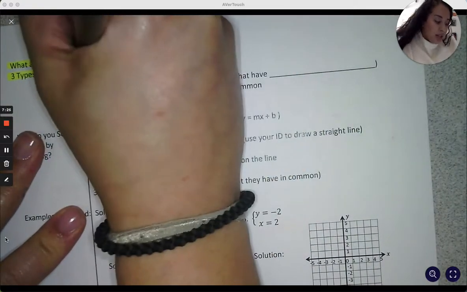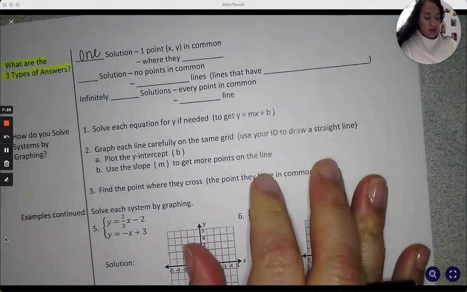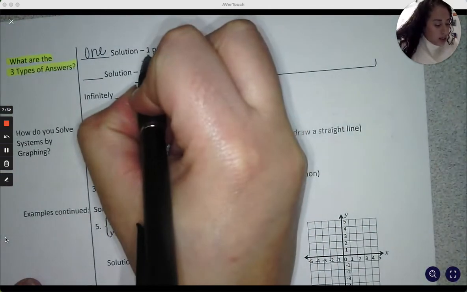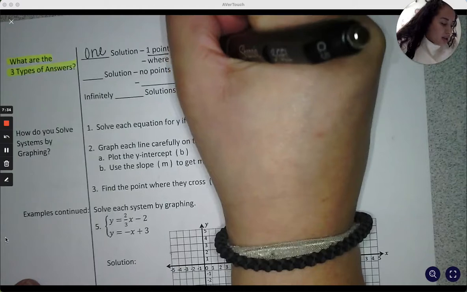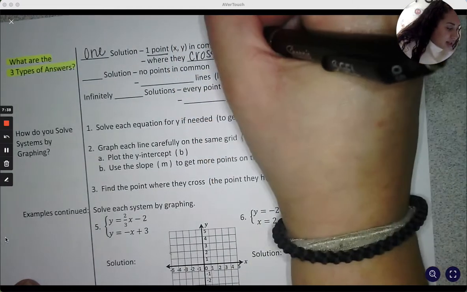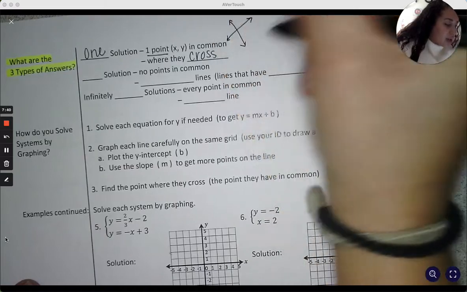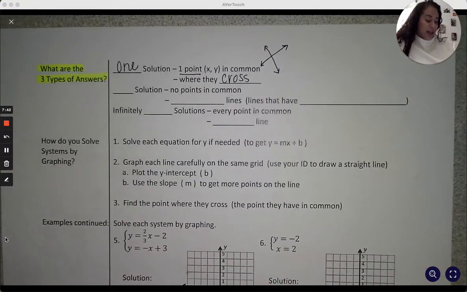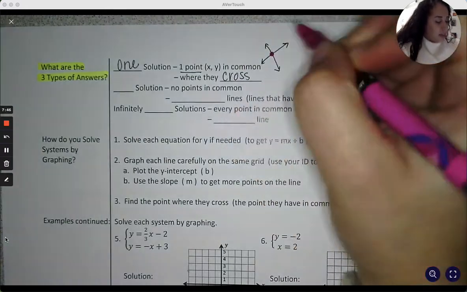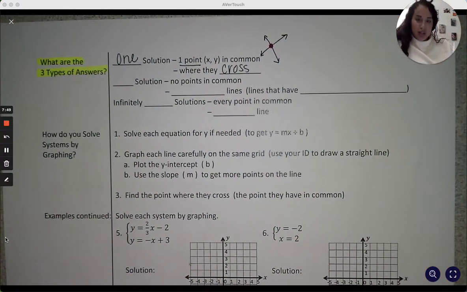A system can have 1 solution. That's where they have 1 point in common. It's where they cross. So if we had 2 lines like this, and we saw this on the other side, or in a table where they have the same point where they cross, that's 1 solution.